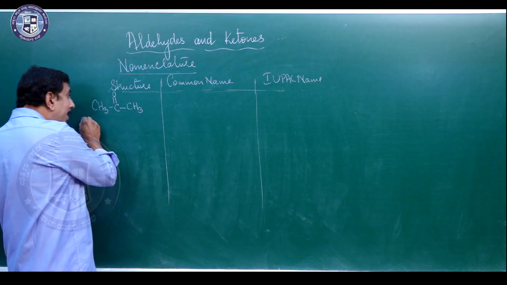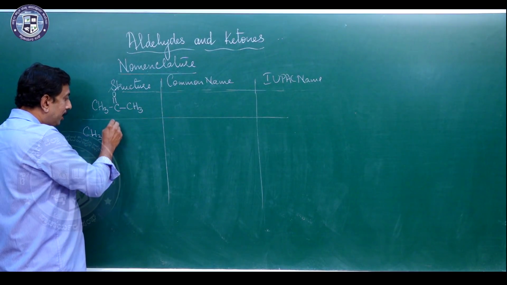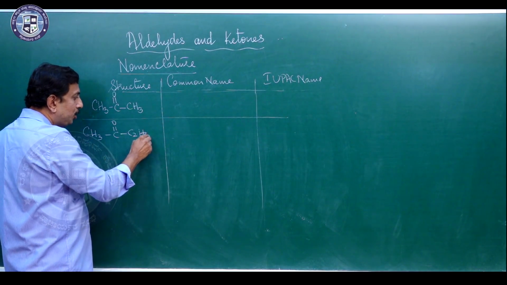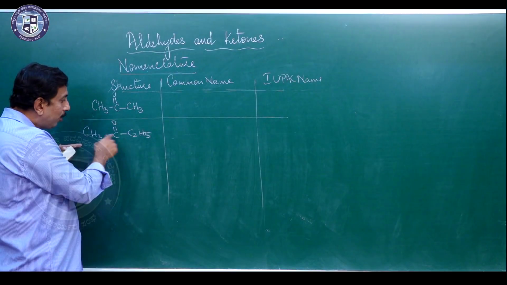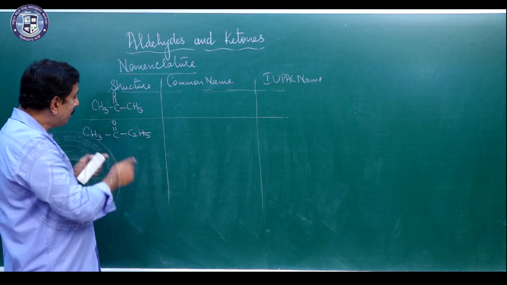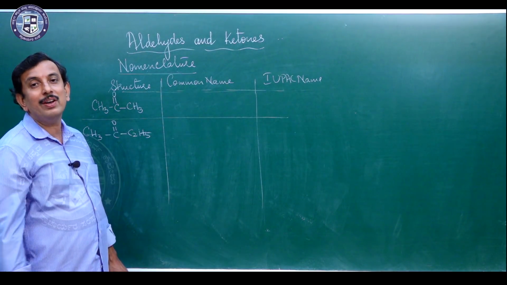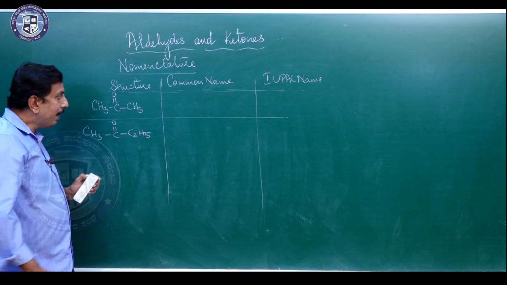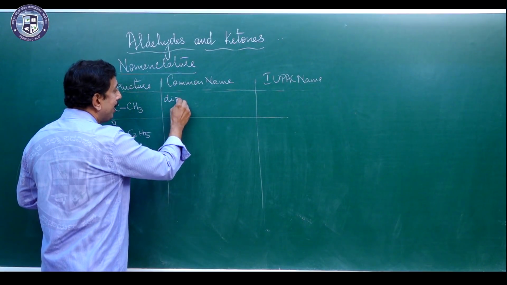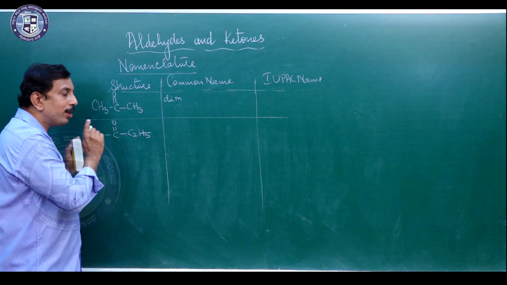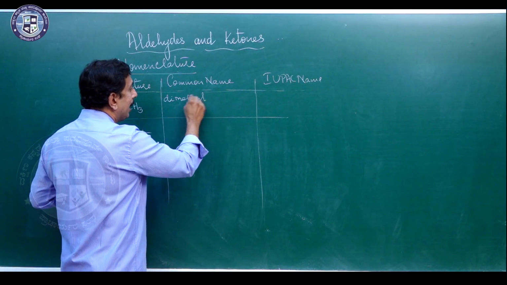Suppose if there are two different groups, as I already gave the example, CH3COC2H5, in these two you can find that one is methyl, another one is ethyl. When there are two different groups attached to the carbonyl group, then you have to use the alphabetical order of naming the compound. So, if I want to name the first compound in the common system, then I can name it as dimethyl ketone.